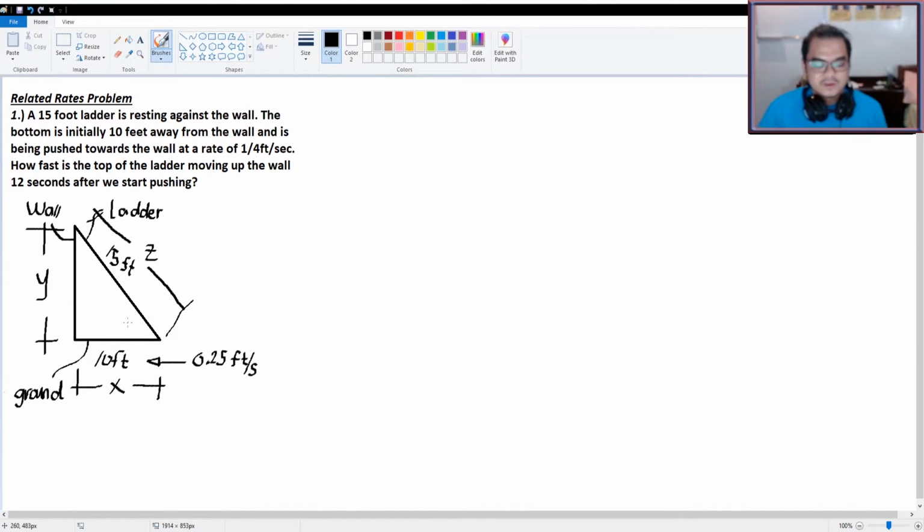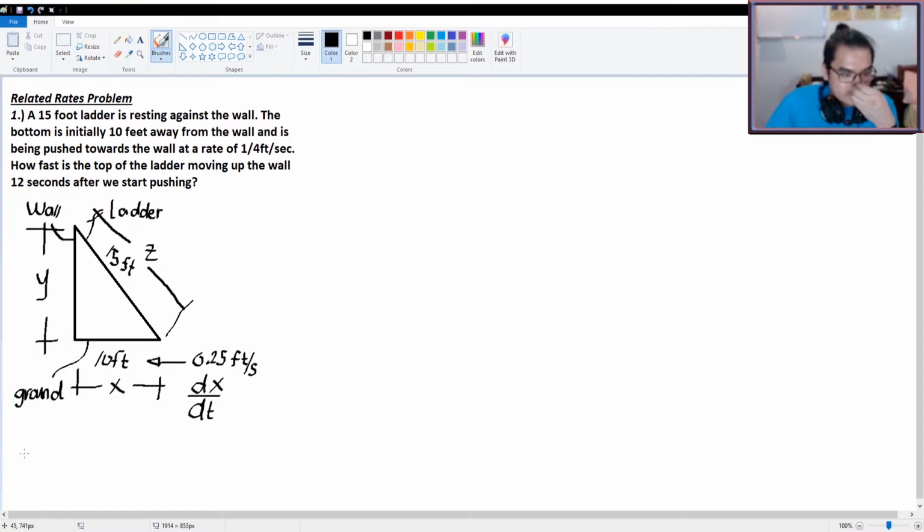So that's xyz. While the x, or the base on the ground, is being pushed, the ladder is being pushed onto the wall, and the y increases. Therefore, the change of the ladder with respect to the wall is 0.25 feet per second. Since this is x, that will be our dx over dt.